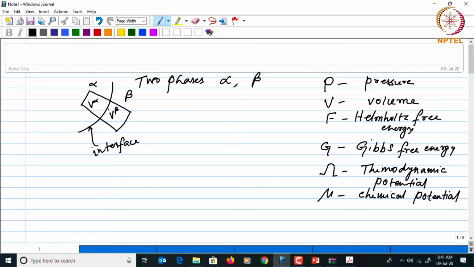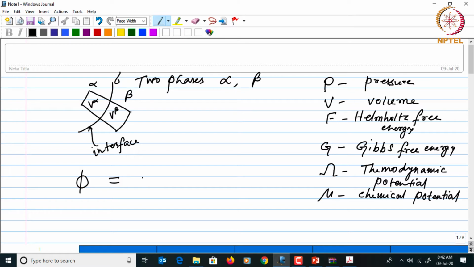So let's say any thermodynamic property, which we call phi, could be represented as the sum of the thermodynamic properties of these two phases, alpha and beta, and that of the interface. Let us call that interface sigma.